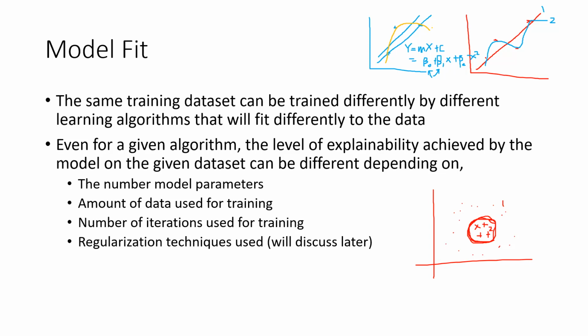Suppose that you get a certain data set where you have a relationship like the physics relationship F equals ma or something like this, right?